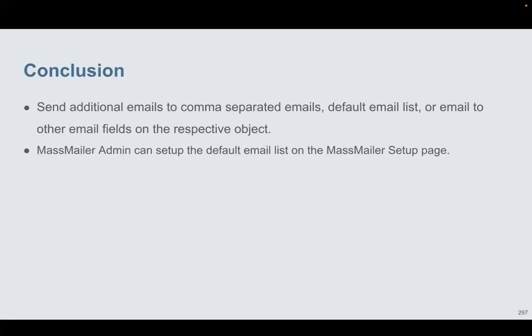That's very important. And setting up this default or seeded list of emails needs to be done by the MassMailer admin. These are the two things that you really want to remember.